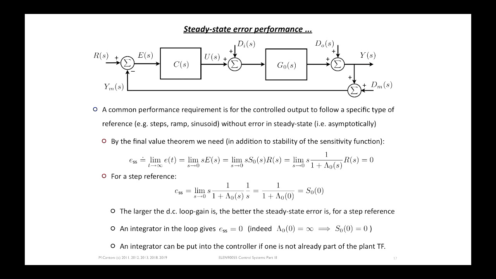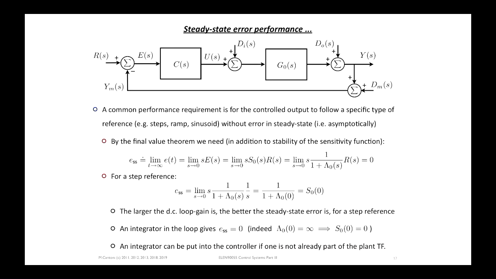So we can use the final value theorem we saw, which you apply to the Laplace transform of a signal once you know that it reaches a constant value in steady state. If these types of signals are constants and the system is stable, then in steady state the error signal will reach a constant value, equal to the limit as s goes to 0 of s times the Laplace transform of the error signal.